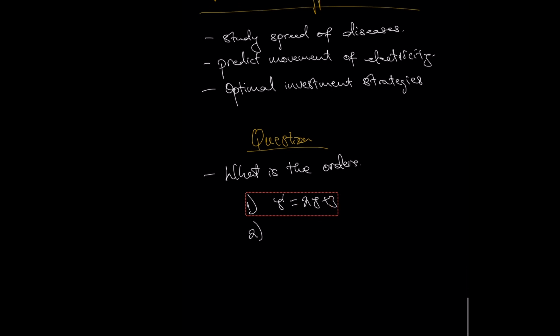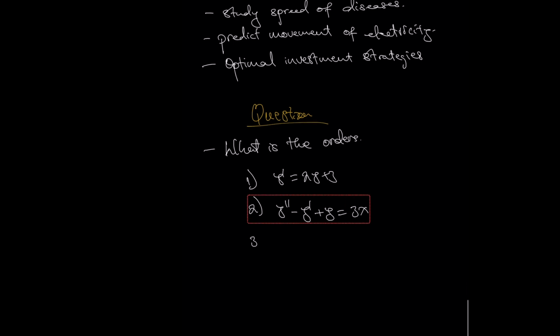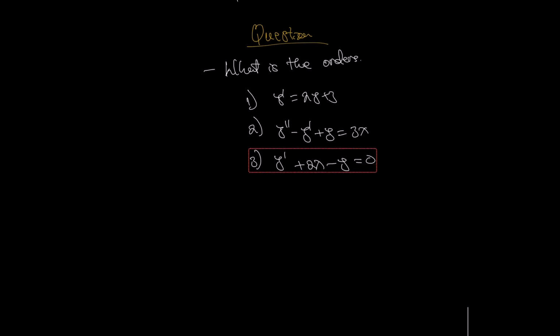The second one being y''' minus y' plus y equals 3x. The third one being y'' plus 2x minus y being equal to 0. So yeah, just state what the orders of these differential equations are.